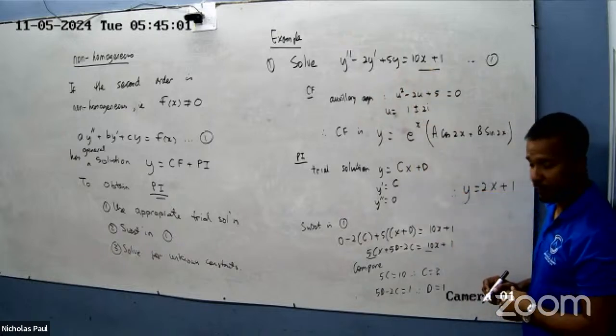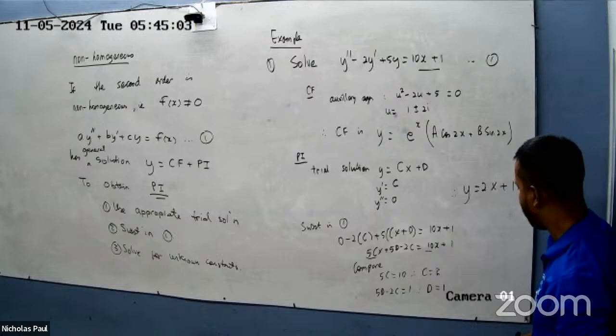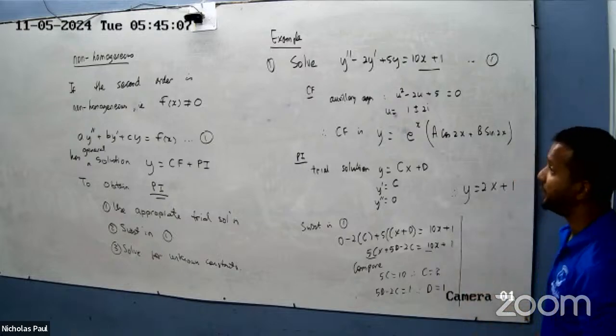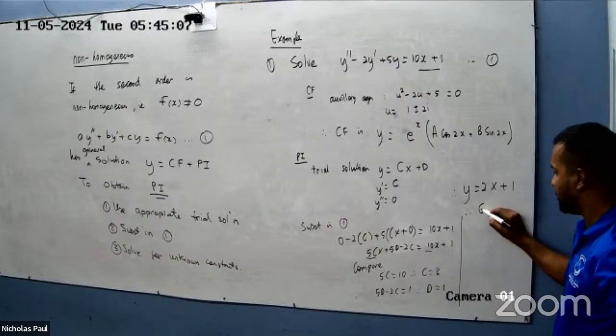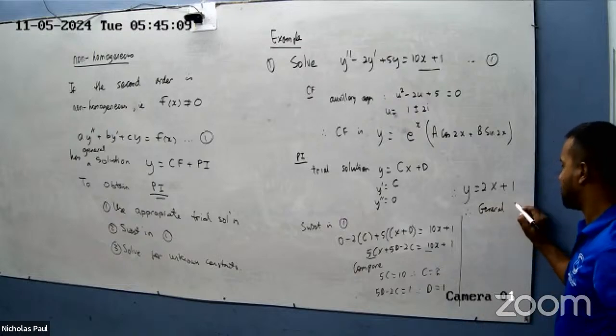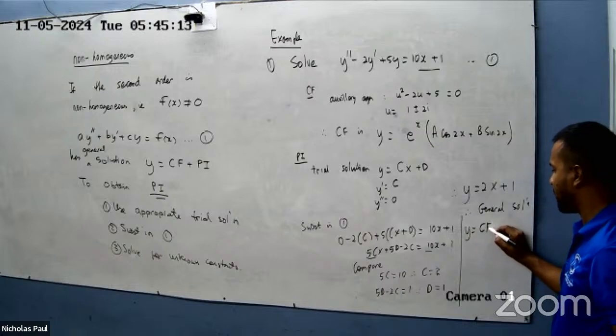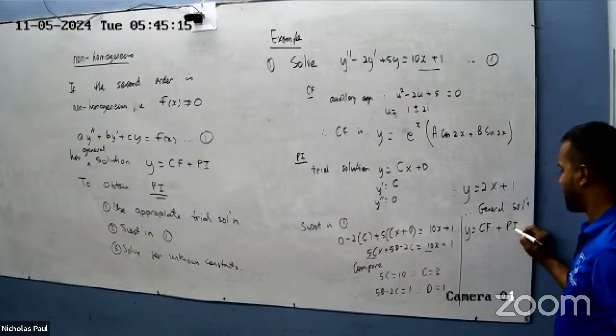That's okay? So therefore, I can squeeze it in here. Therefore, the general solution is y is equal to the complementary function plus the particular integral.